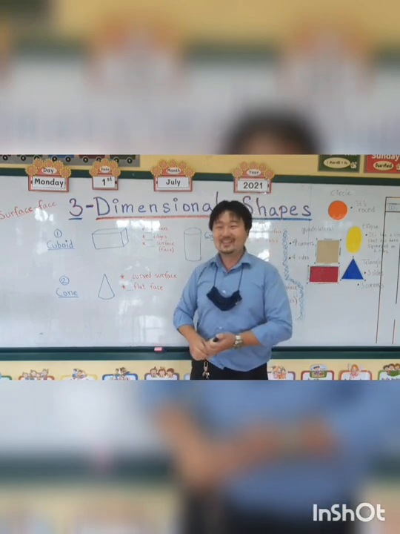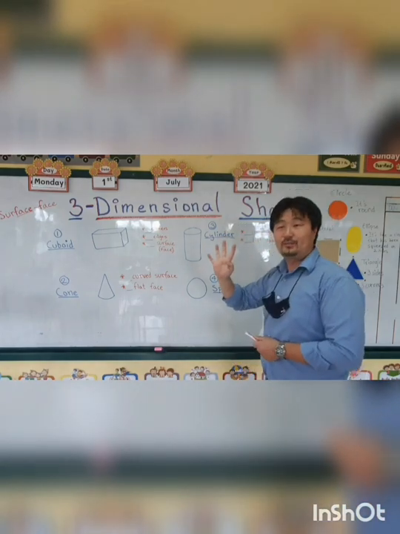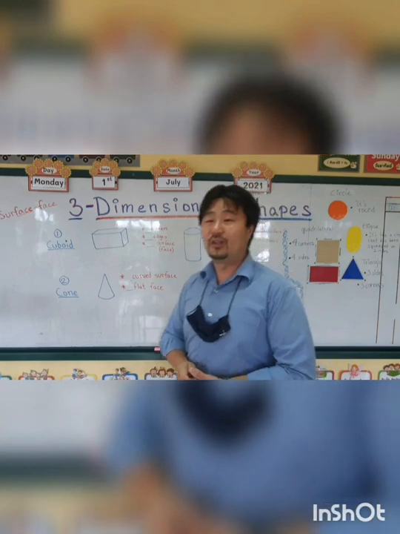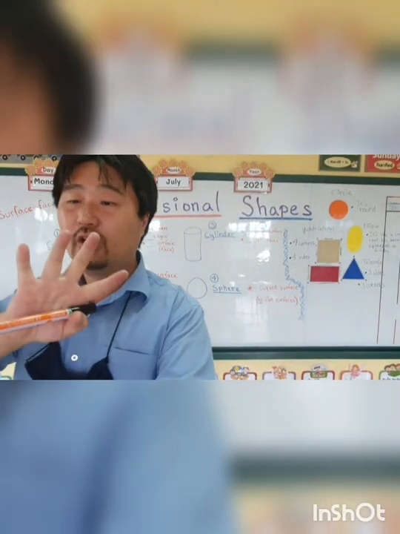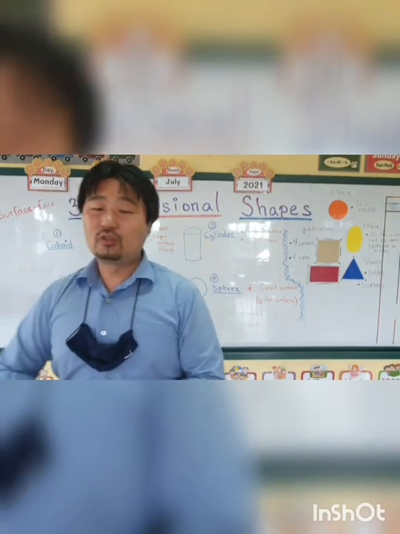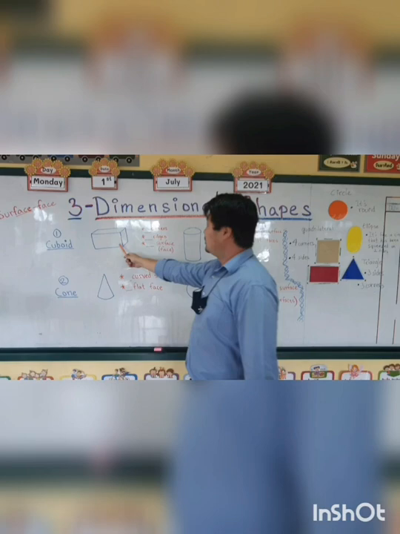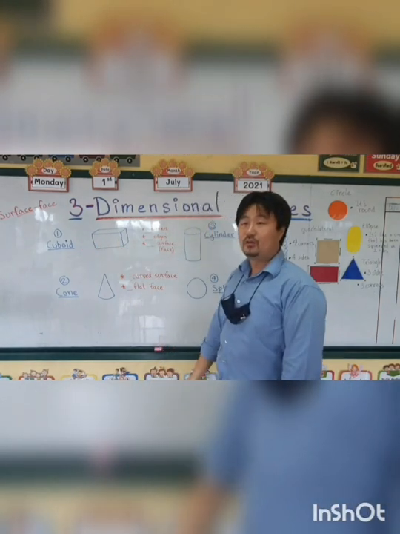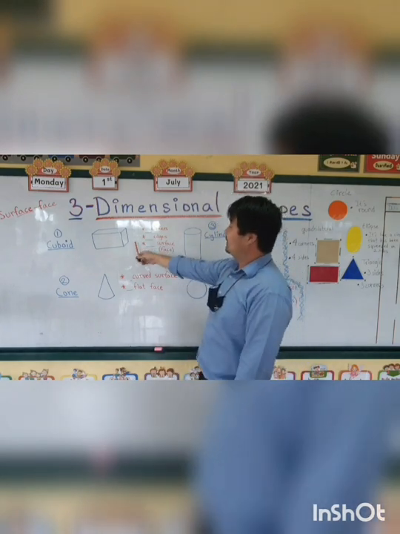Very good. So now let's dive into the 4 shapes we're going to do today, or actually the more correct word is solids. So now let's go into the 4 solids that we're going to talk about today. Okay? So the first solid, it's called a cuboid. Okay? And it looks like this.